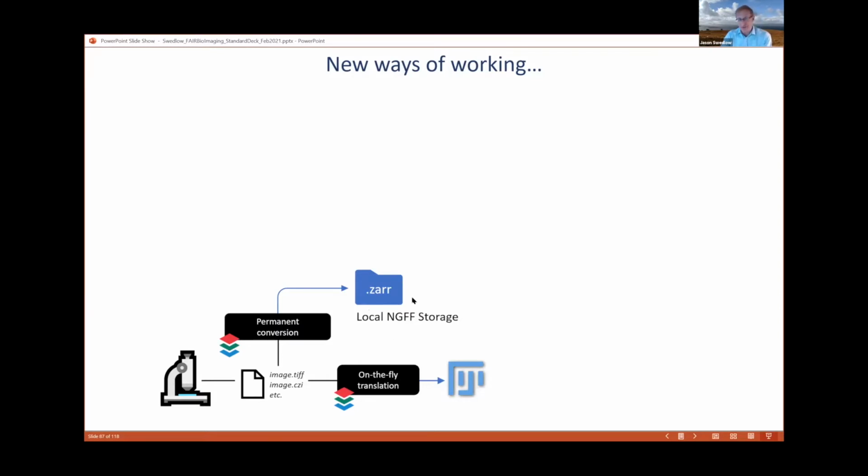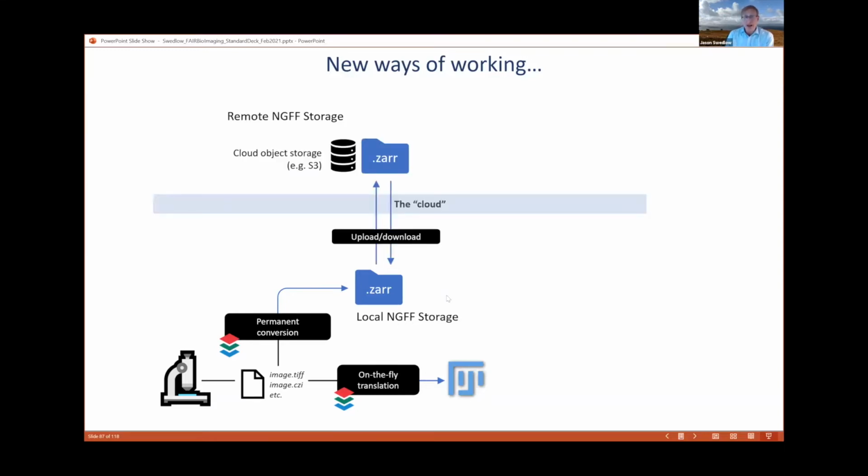And our code name for this project is NGFF, so next generation file format. That could be stored locally, but that could also be posted to the cloud in, for example, these object stores, which are relatively cheap and affordable and scalable. That data would then be available to you, or it could be streamed to applications that can handle that.